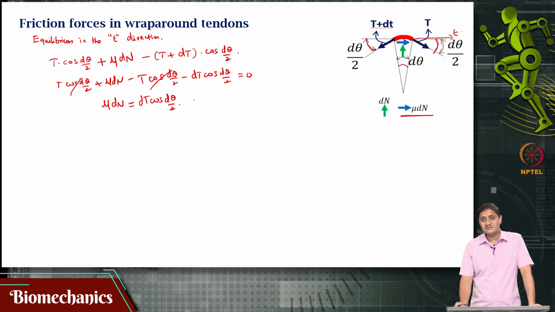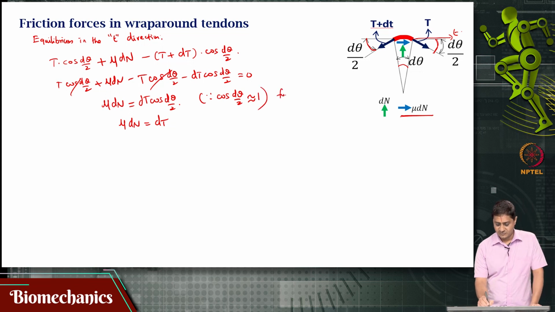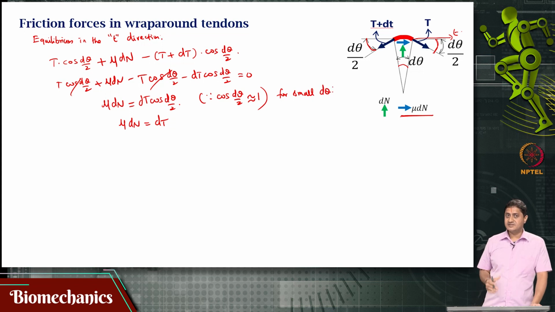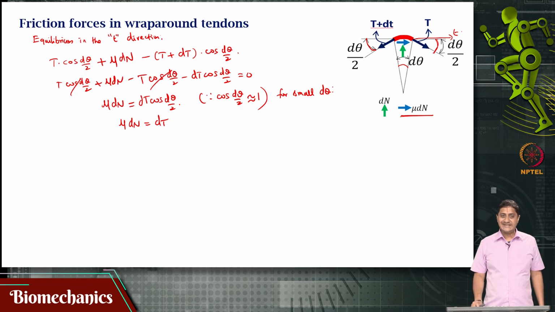Because of this reason, cos 0 is 1. Because cos 0 is 1, this will be mu dn is equal to dt, since cos d theta by 2 is approximately 1 for small d theta, is it not? D theta is infinitesimal. Because of this reason, mu dn is equal to dt.